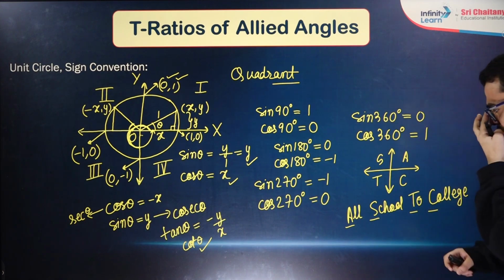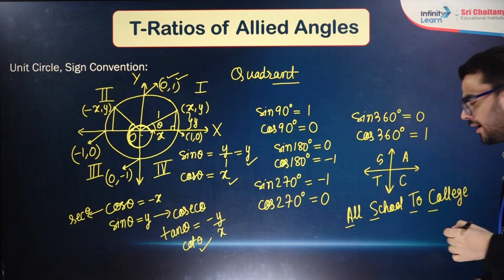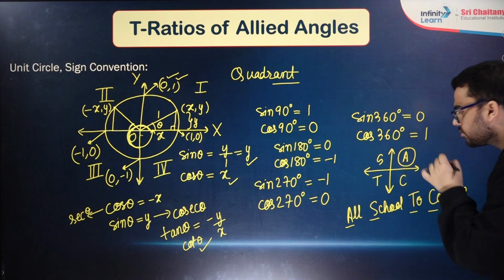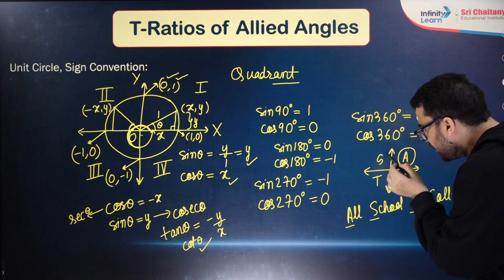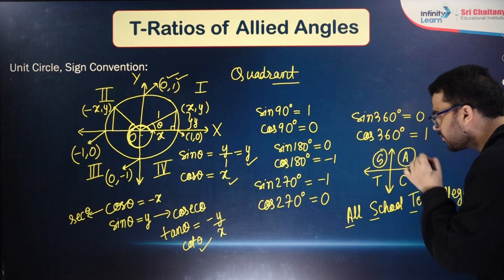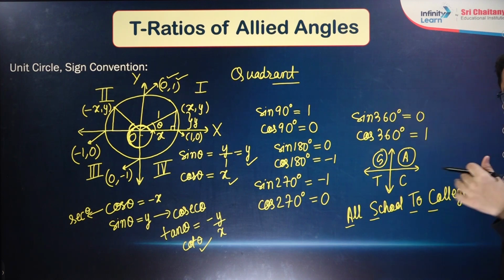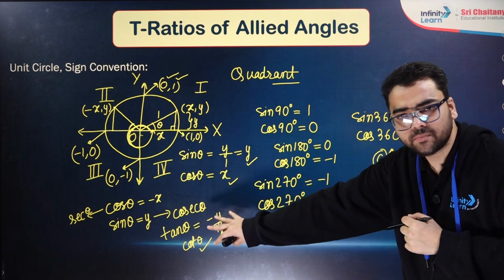It means when the angle is in the first quadrant between 0 and 90 degrees, A for all trigonometric ratios will be positive. When the angle is in the second quadrant between 90 and 180 degrees, S for sine and its reciprocal cosec will be positive, and all other trigonometric ratios will be negative. And the logic I had explained over here.